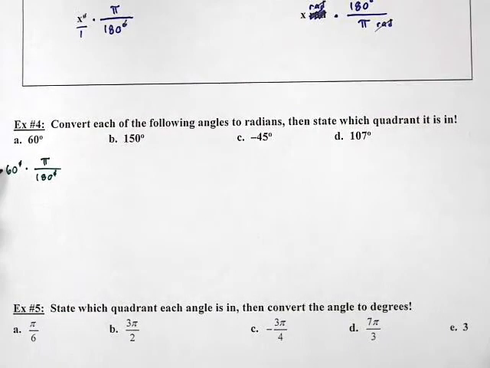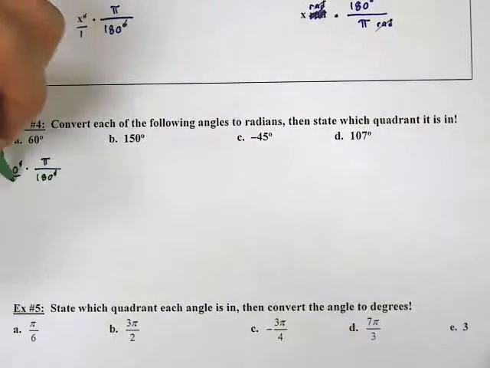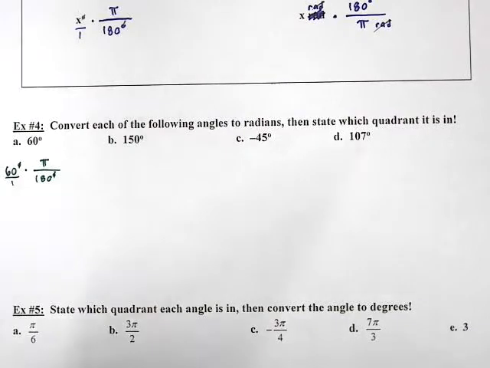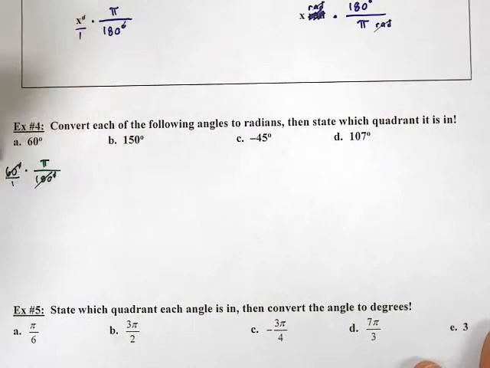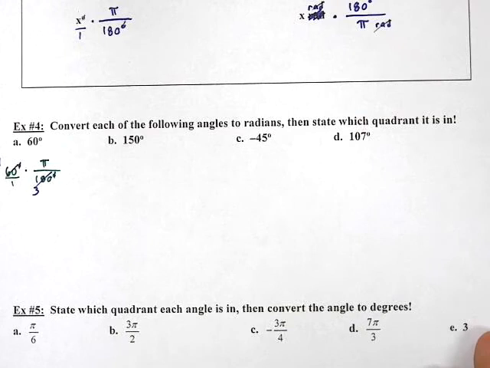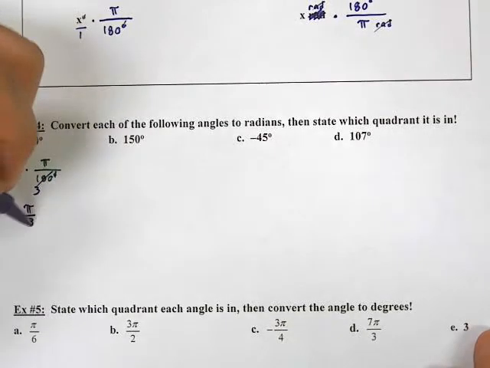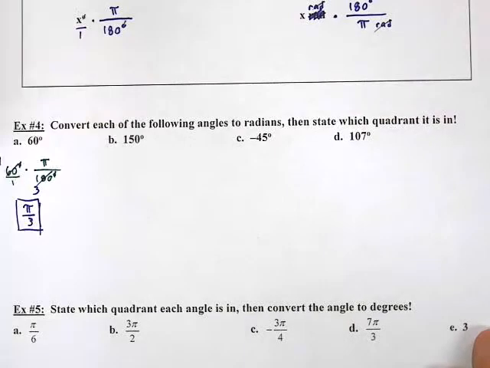If you need to, you can put this over 1. You don't need to do it, but if it helps, do it. 60 and 180. I can reduce that to 1 and 3. 60 goes into 180 3 times. So this is just pi over 3. Beautiful.